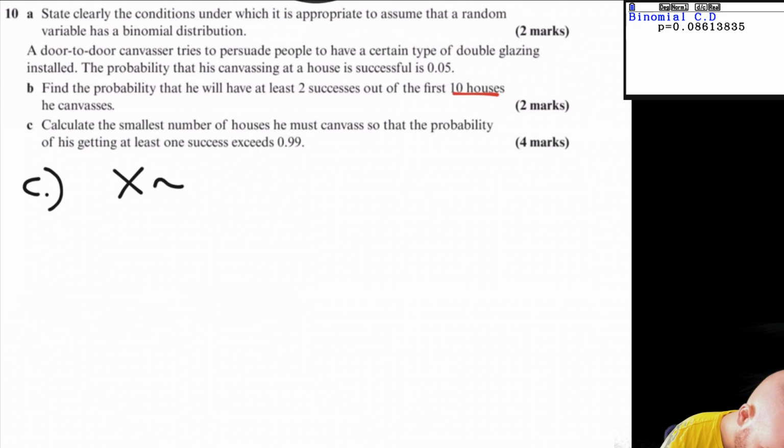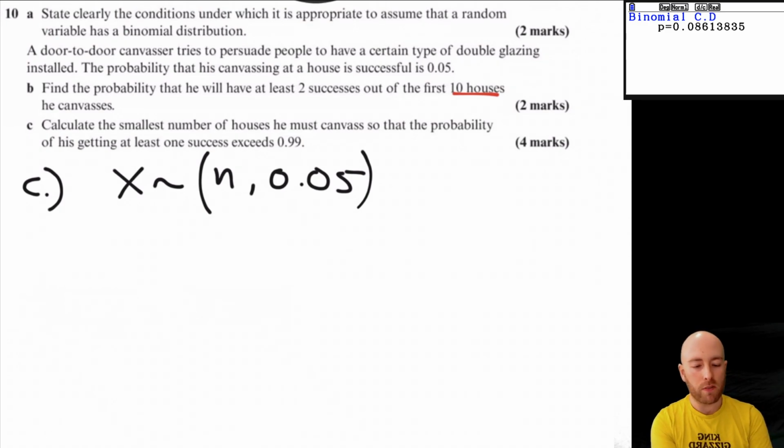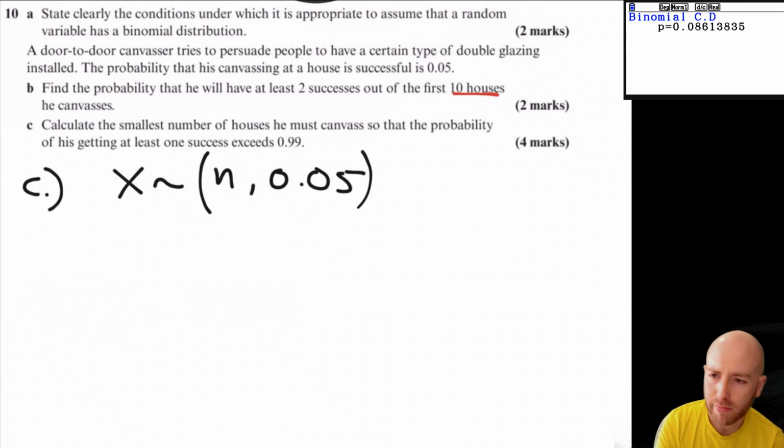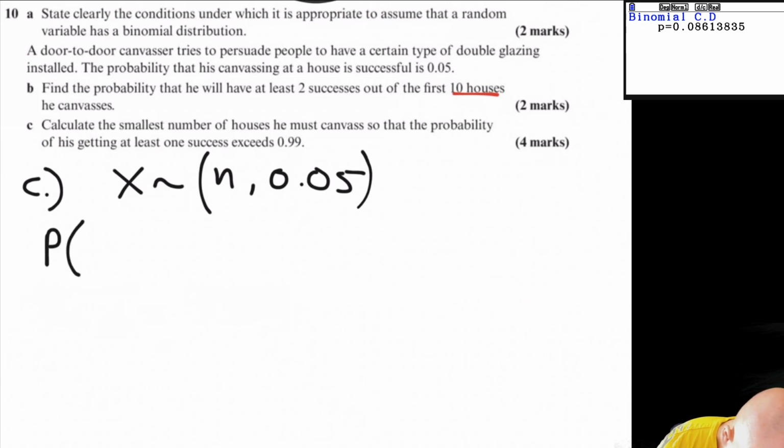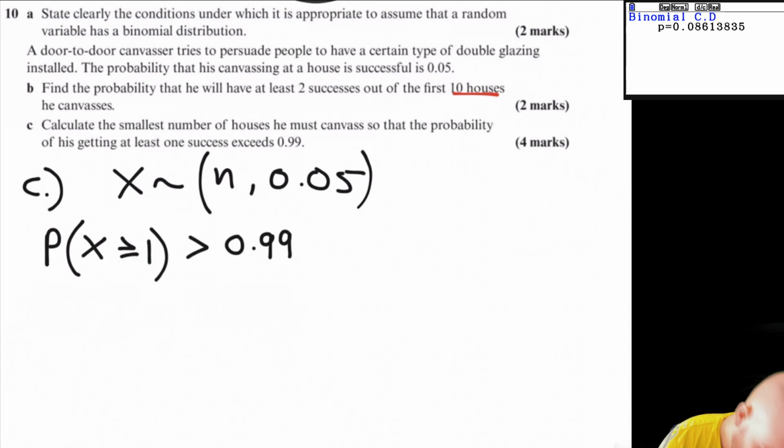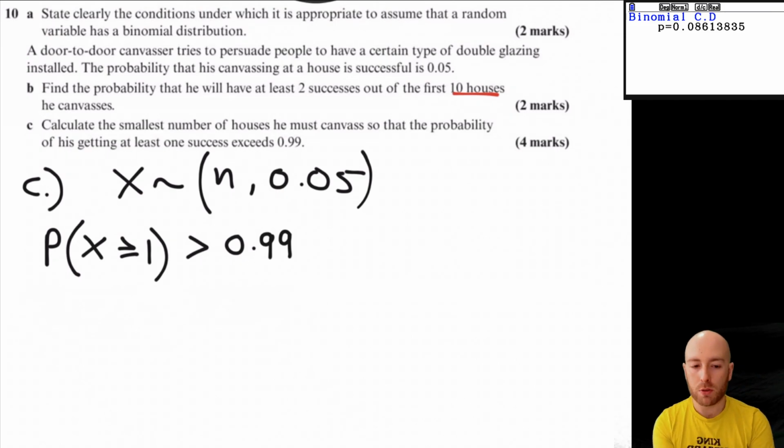This is what we're trying to find out. We're trying to find n in this case, which is why it's difficult and why we have to do things a bit weirdly. And we want the probability of at least 1, greater than or equal to 1, to exceed 0.99. So we're trying to use all of this to try and find n.